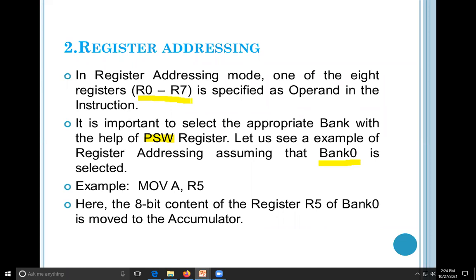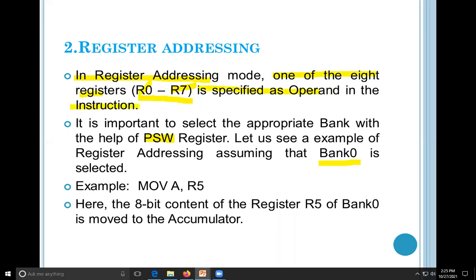In register addressing mode, one of the 8-bit registers is specified as the operand in the instruction.